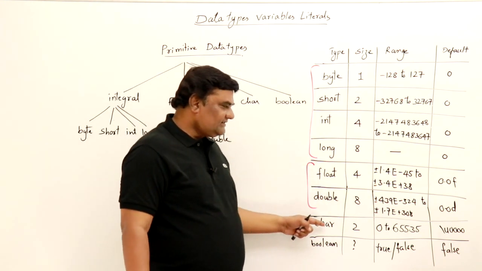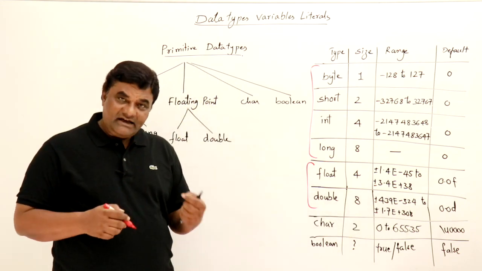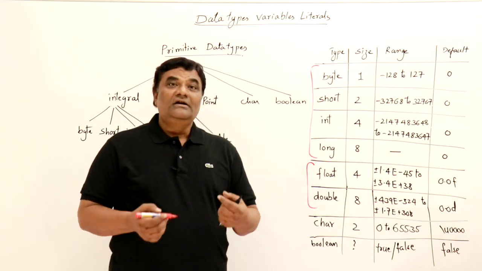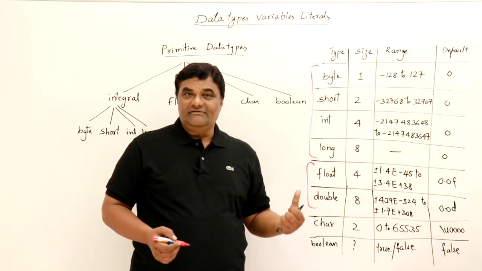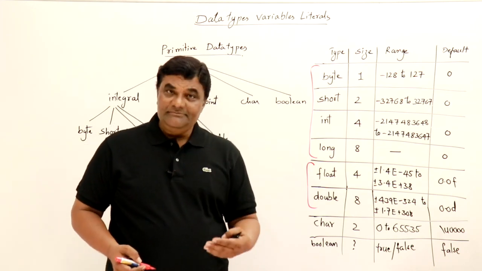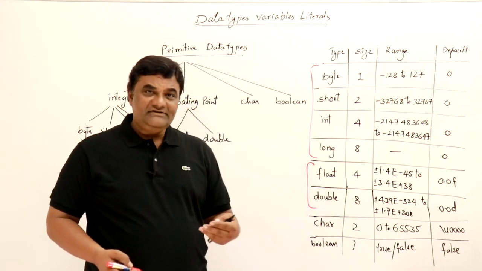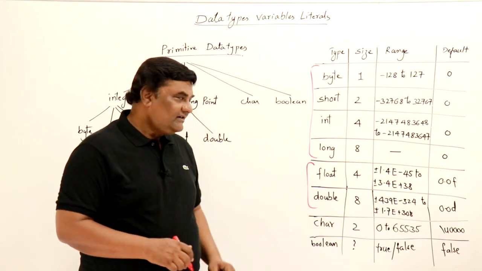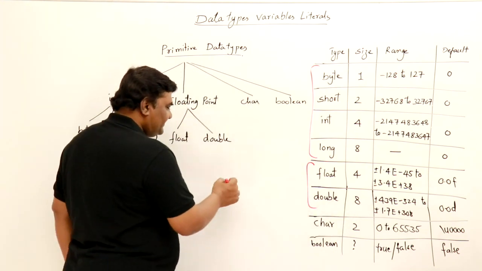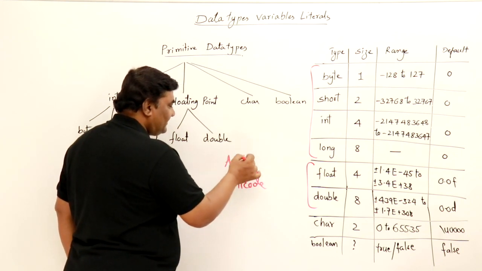Now the next is character type data. Java supports natural languages other than English. In C and C++, you have support for only English alphabets, but Java also supports other natural languages like Hebrew, Arabic, Japanese, Chinese, and so on, along with their alphabets. To support that, character takes 2 bytes, because for all other languages we have codes called Unicode, whereas for English the codes are ASCII.